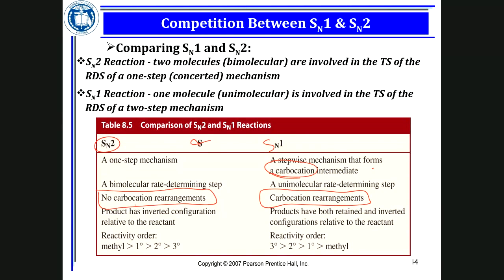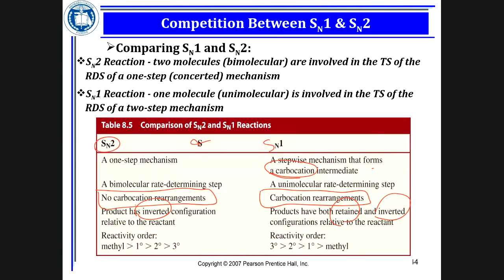For the Sn1 product, in terms of stereochemistry, you have retained and inverted configuration. For Sn2, it is only inverted. It's like an umbrella effect, or Walden inversion, that changes the configuration from reactant to product. That's for the Sn2 mechanism.